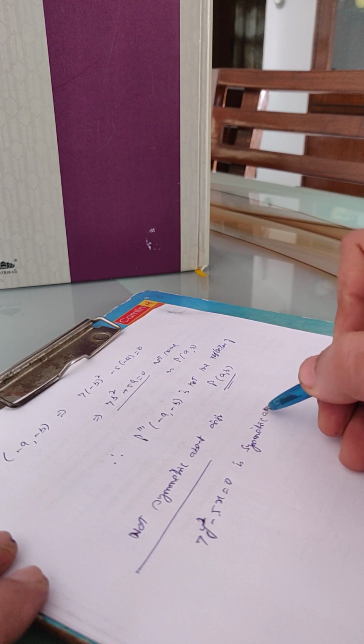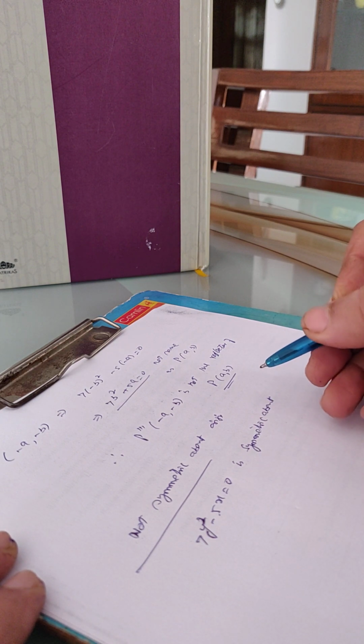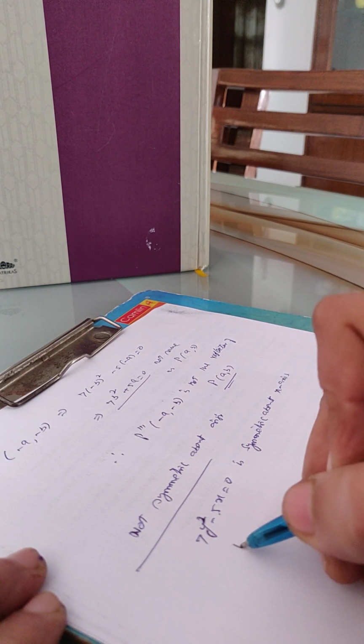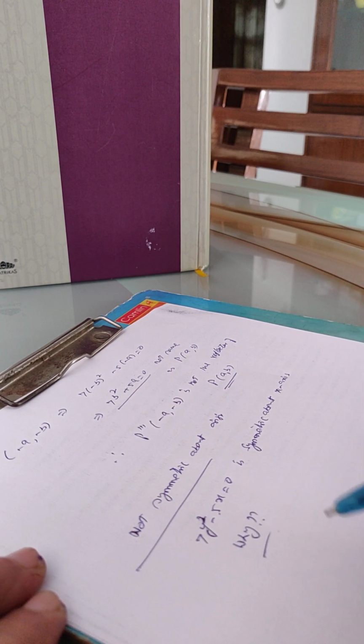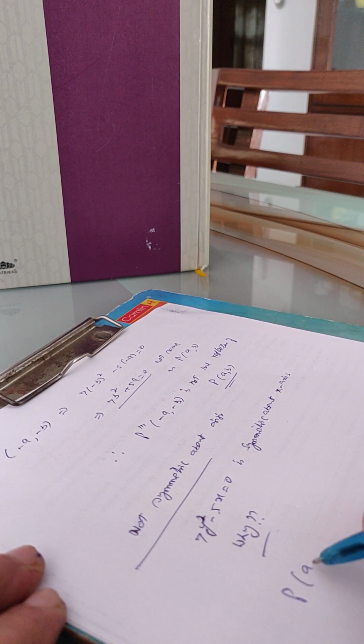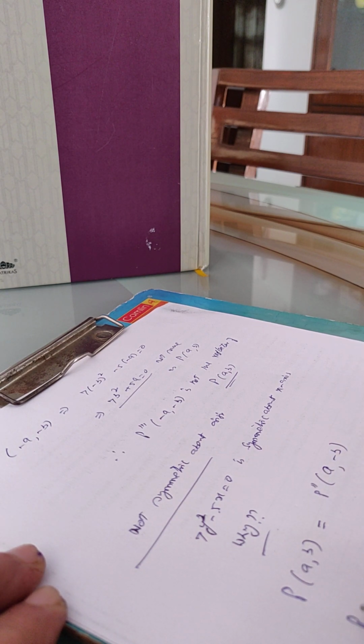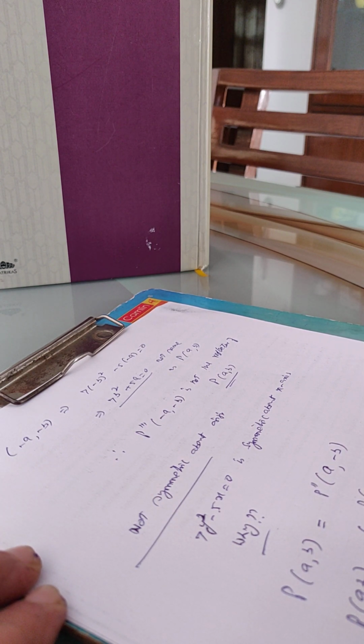So to conclude, the graph of 7y square minus 5x equal to 0 is symmetric about the x-axis. Why? Because any point P (a, b) is equal to P of (a, minus b), and P of (a, b) is not equal to P of (minus a, b), and P of (a, b) is also not equal to P of (minus a, minus b).